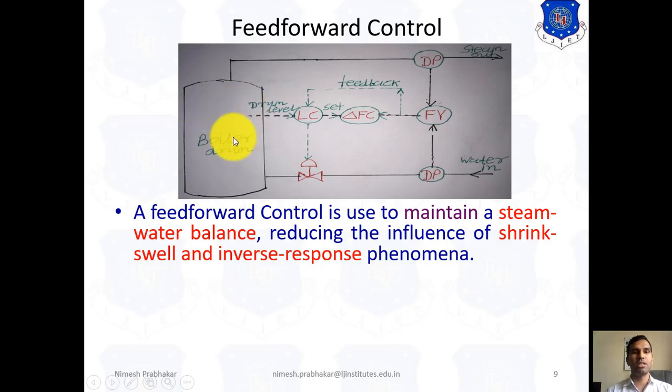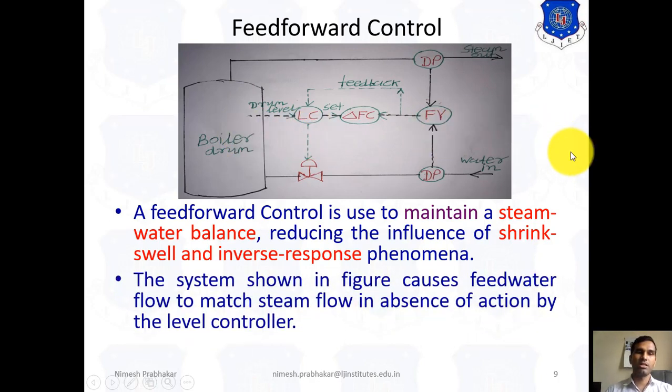To balance this we use feed forward control, and we know the water level or steam flow changes due to the inverse response or swelling or shrinking effect. The system shown in the figure causes the feed water flow to match the steam flow in the absence of action by the level controller. Now we understand the feed forward control.